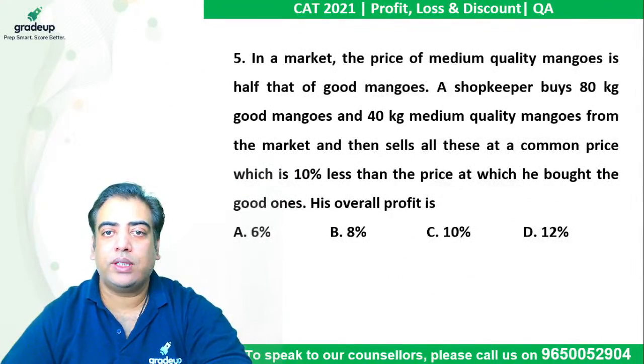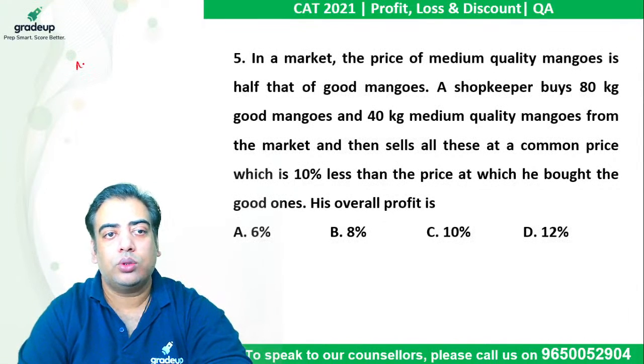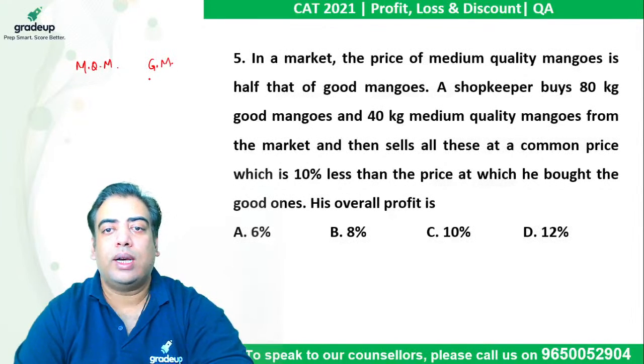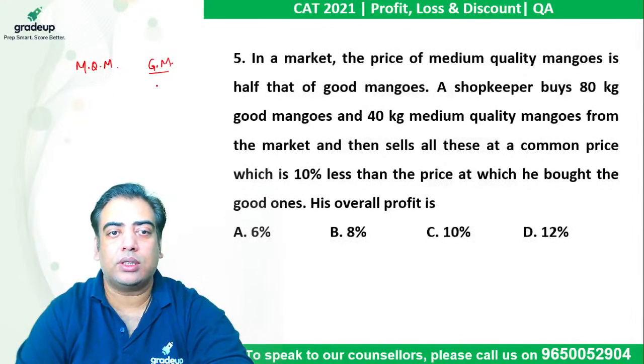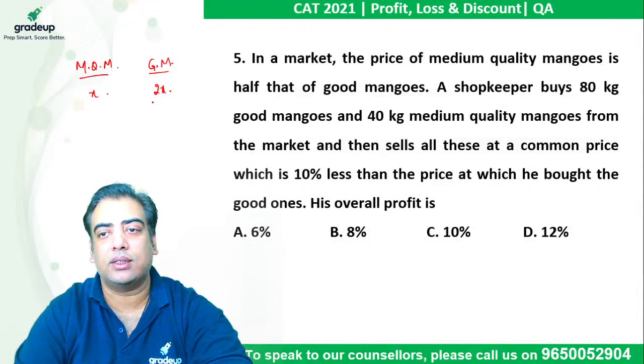Let's move on to fifth. In a market, the price of medium quality mangoes, so I'm writing it as MQM, and other is good mangoes, so I'm writing it as GM. So let's say if the price of good mangoes is 2x, the price of medium quality is half of it, which is x.